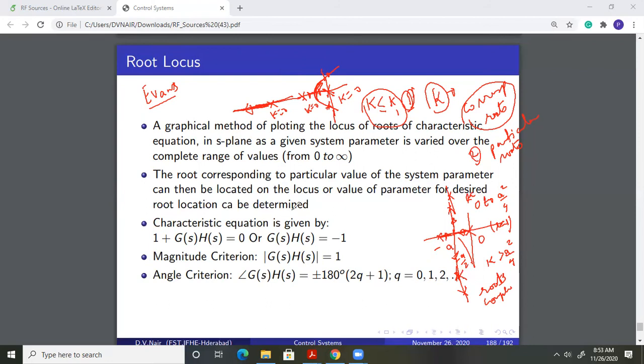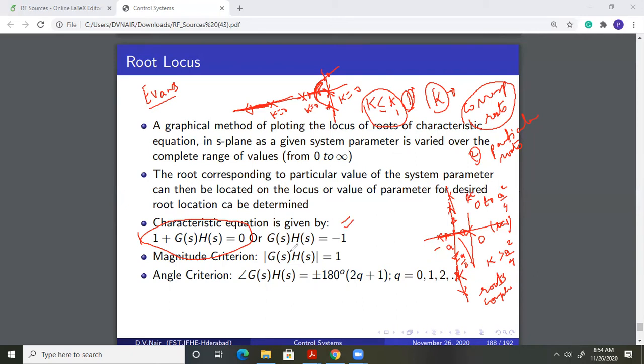Now, the criteria that we will have are obtained again from the characteristic equation, since this talks of the roots of the characteristic equation. So we know the characteristic equation of a closed loop system will always be given by this particular equation: 1 plus G(s)H(s) equal to 0. Now, doing simple rearrangement, we get G(s)H(s) equal to -1 from this equation. And when I say G(s)H(s) is equal to -1, we know these are complex functions, since s is a complex quantity.